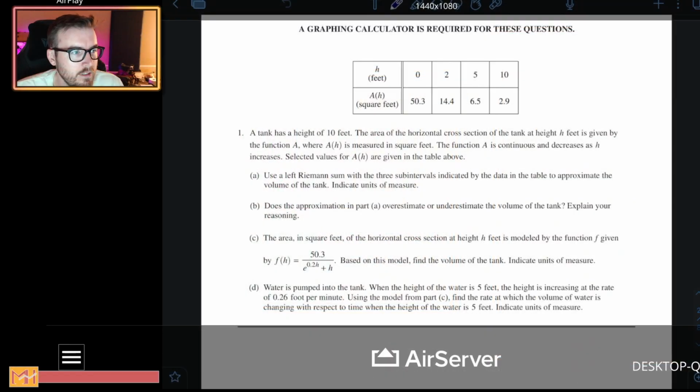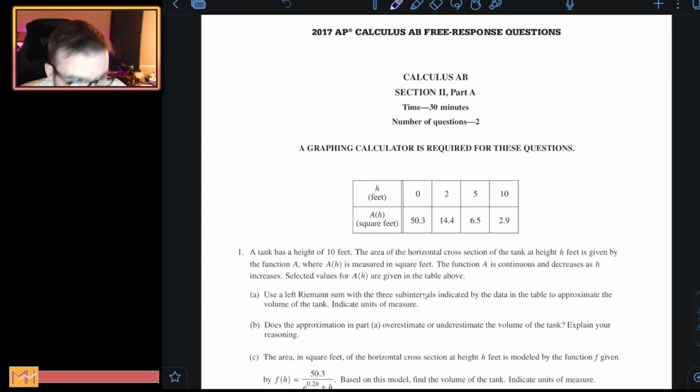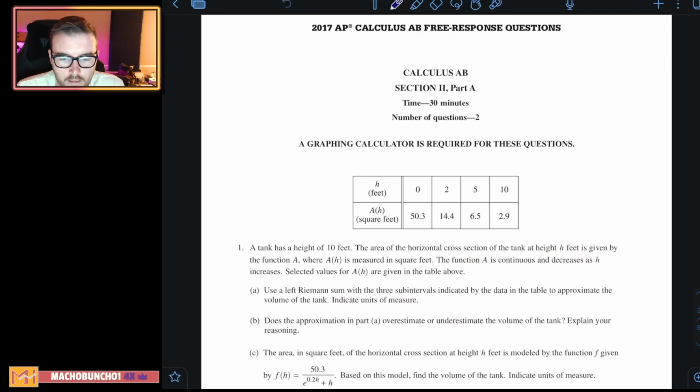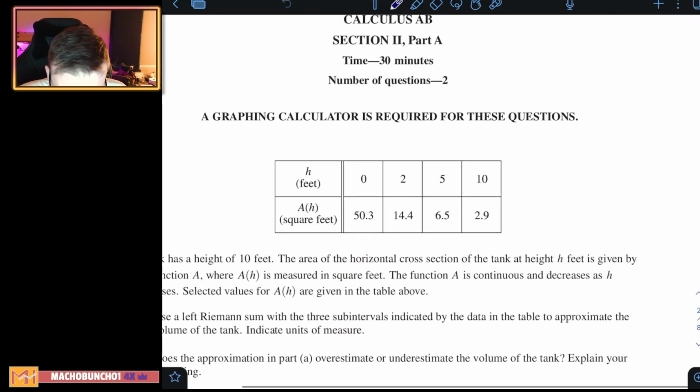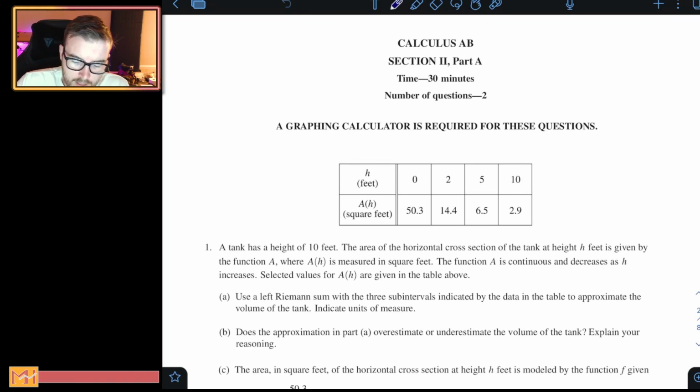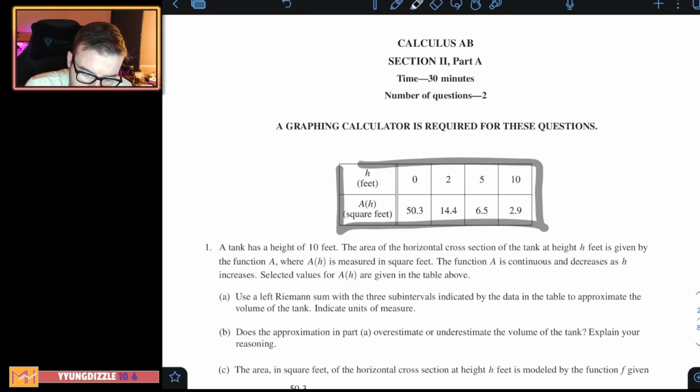Today we are looking at the free response question from the year 2017. Question number one. We are given a table, as you can see here. We're given a table of values, and this is in regards to a tank that has a height of 10 feet.